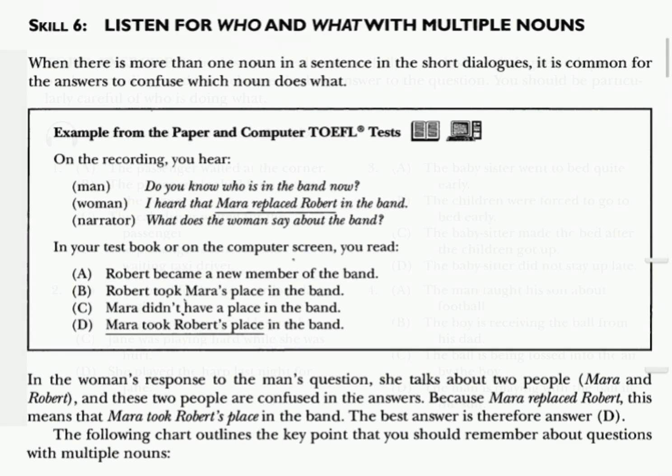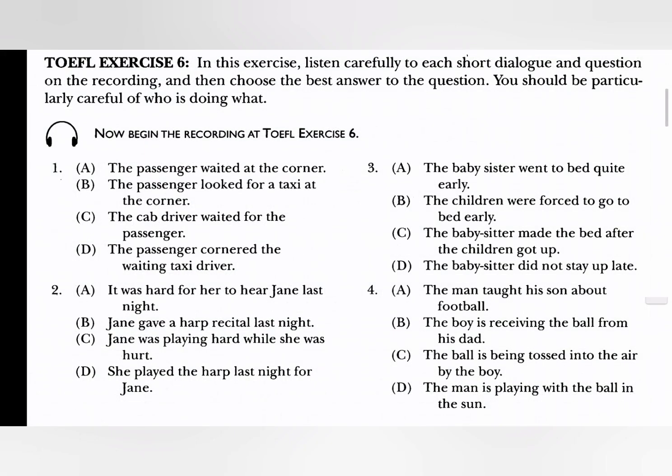After we listen to the audio, we can choose the correct answer between A, B, C, or D. And for this question, the correct answer is C. The cab driver waited for the passengers, because the woman in the conversation says that she had the taxi driver wait at the corner.